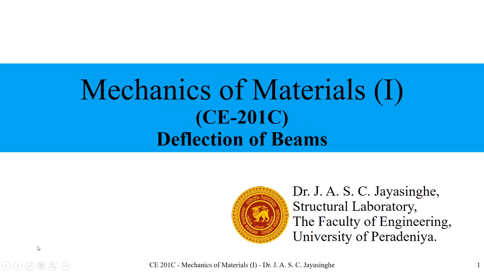When you come to deflection, it is somewhat different from our previous sections. In the previous sections, we mainly focused on beams, bending moment, shear force, and somewhat on axial forces.